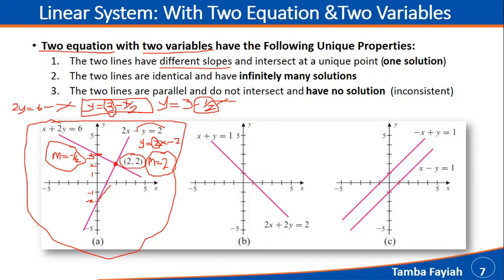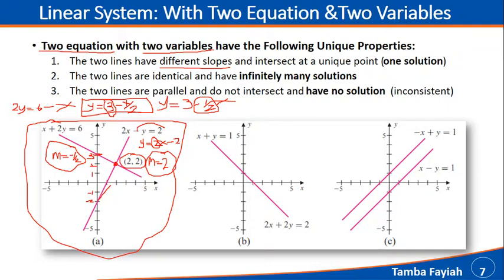That was the same system of equations mentioned before in our previous example. Now we go to the next situation we can have with a system of linear equations with two equations and two variables. There are times when you have two lines that are identical.